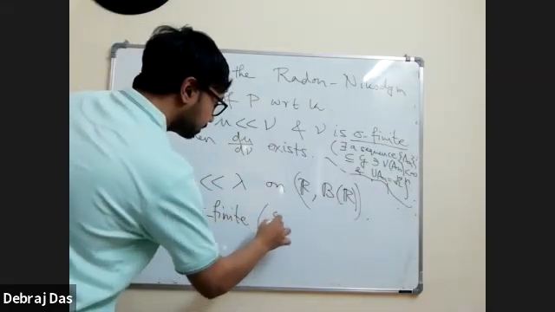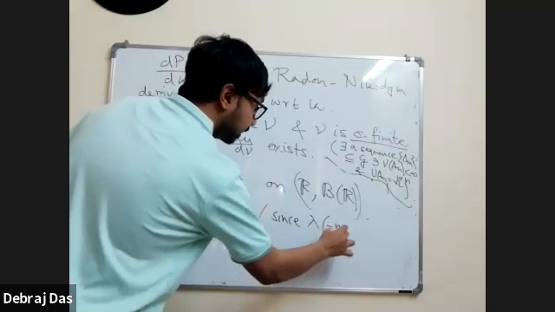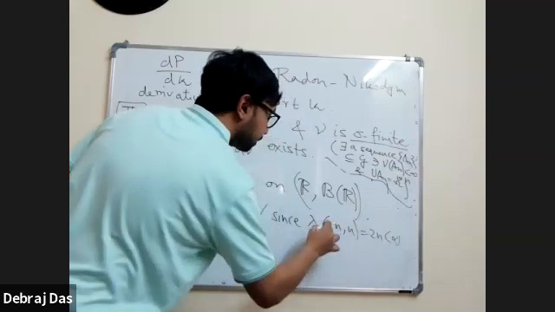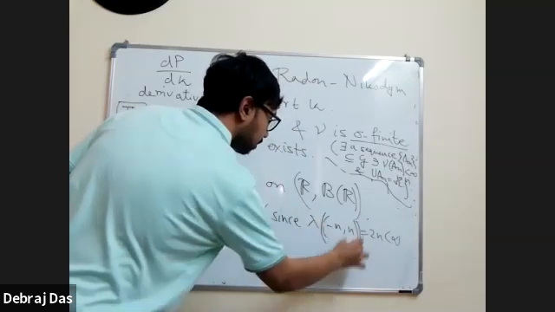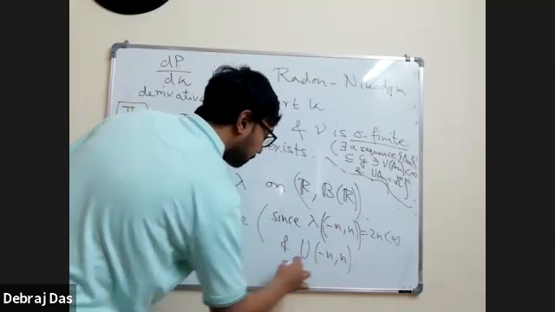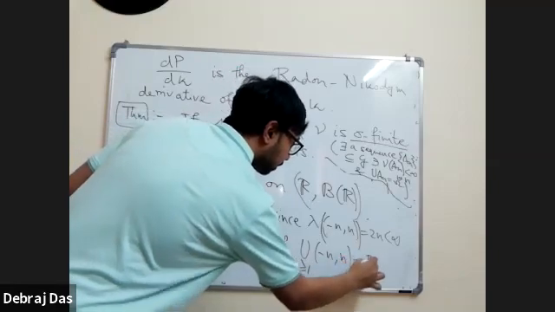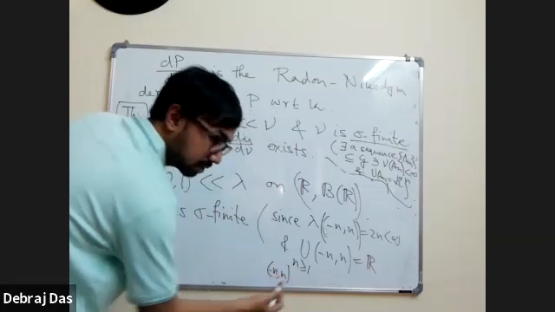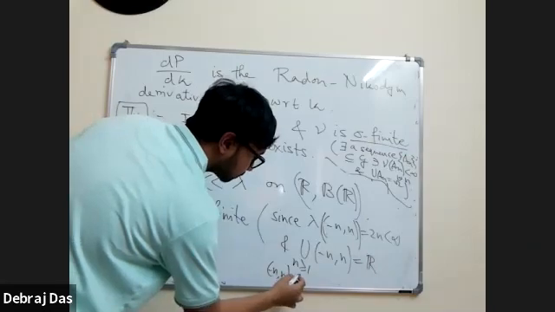Since lambda of (-n, n) is 2n, that is finite. And the union of (-n, n) is simply R. And these sets (-n, n) are open sets, so they are Borel sets.